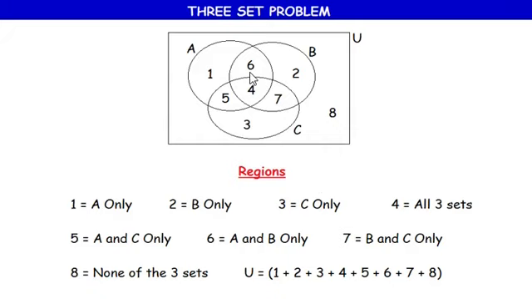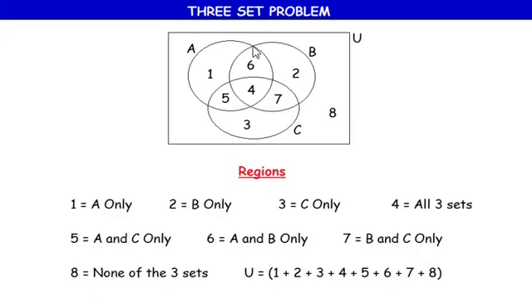Please bear in mind it is only. Region 7 represents those who belong to set B and set C only, right? Region 8 represents those who belong to none of the three sets. None of the three sets. Let me explain region 5, region 6, and region 7 in detail.